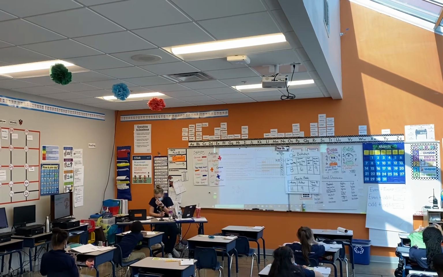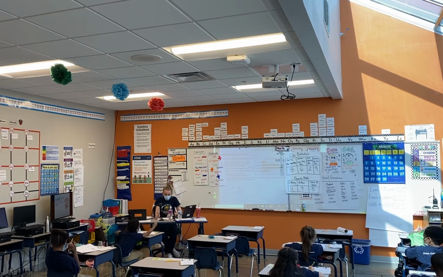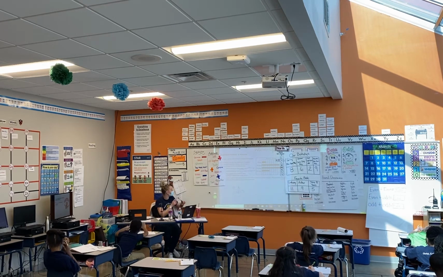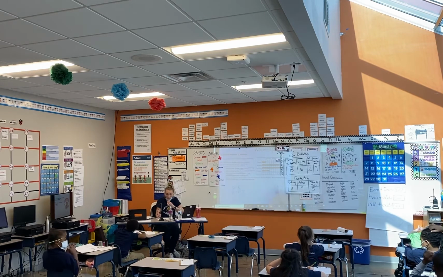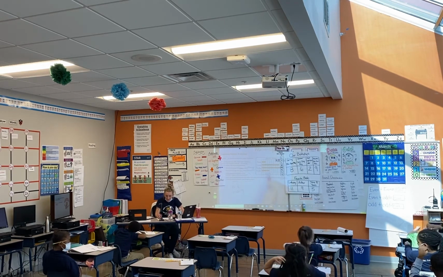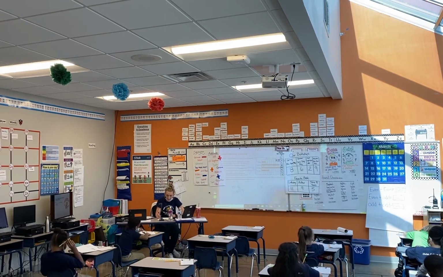RJ, subtract. What do we need to subtract? The koala bear and snow leopard. Yes, because when we think of the word difference, what do we think of? Subtraction. So we have to subtract koala bears and leopards. So how many koala bears? 4. And then leopards, there are, RJ, how many?